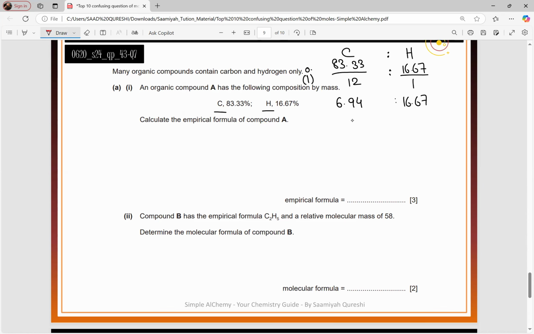Now, in step number 2, we will divide them by the least number, which is 6.94. Carbon will be 1, and hydrogen is 2.4. As you can see, we are not getting a whole number for hydrogen, so we'll multiply it with 2.